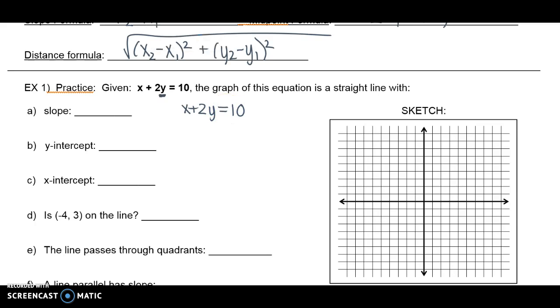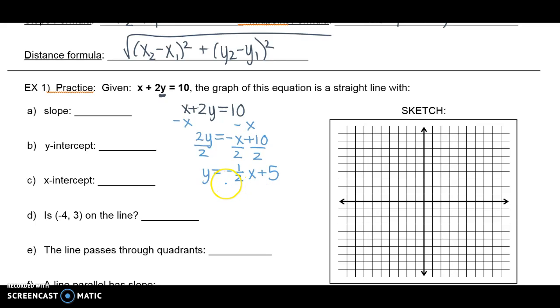So our first step in this case is to subtract x on both sides. So we get 2y is equal to negative x plus 10. And then divide each and every term by 2. So y is equal to negative 1/2 x plus 5.